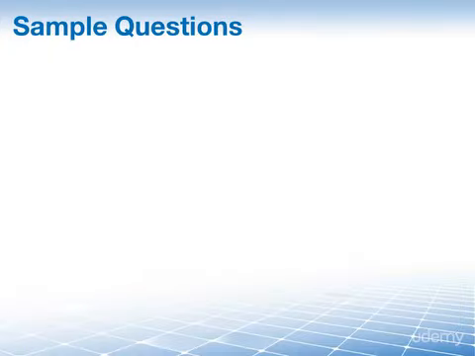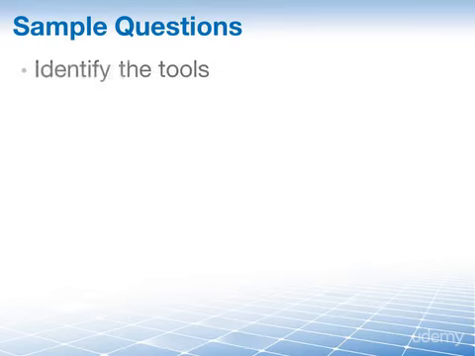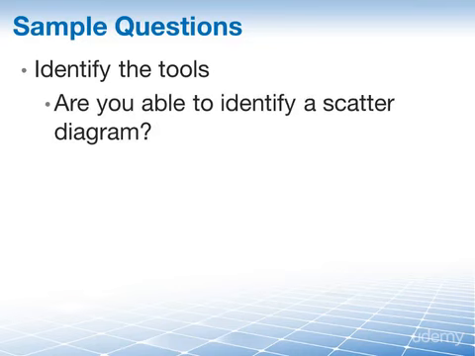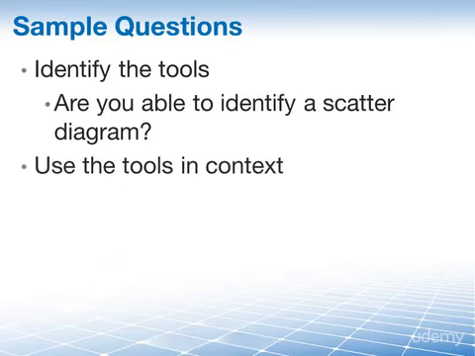In regards to PMP exam sample questions, it's quite simple. You have to be familiar with these tools. First of all, you must be able to identify the tools. If I show you a scatter diagram, are you able to identify it as a scatter diagram? You must also be able to use the tools in context.